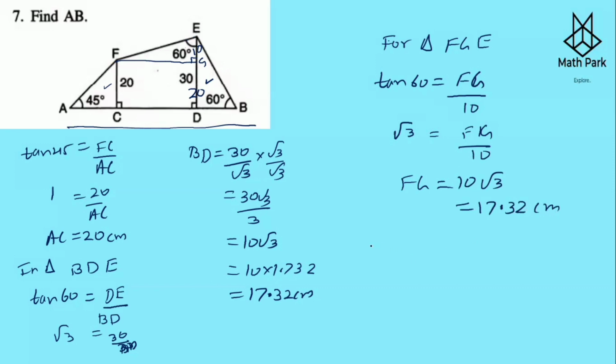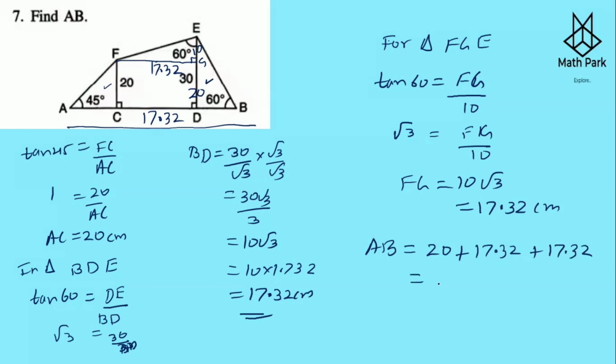And then you have to find AB, add all the parts. So AB is the first part, that is AC, which was 20, plus CD, as opposite sides are equal. So if FG is 17.32, your CD is also 17.32. So 17.32 plus BD, which is also 17.32.